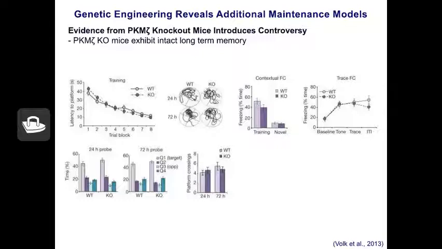And since ZIP impaired late LTP just as well in wild type and protein kinase M-zeta knockout mice, Volk and colleagues reasoned that ZIP must not be as selective for protein kinase M-zeta as everyone thought. So they concluded that some other protein kinase that was affected by ZIP was actually responsible for late LTP in both wild type and protein kinase M-zeta knockout mice.